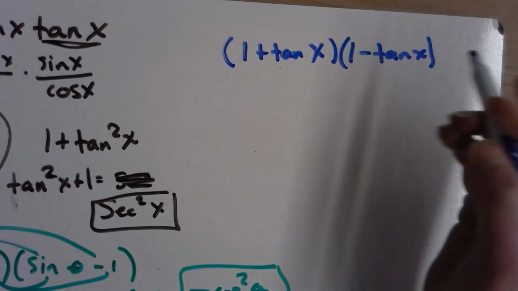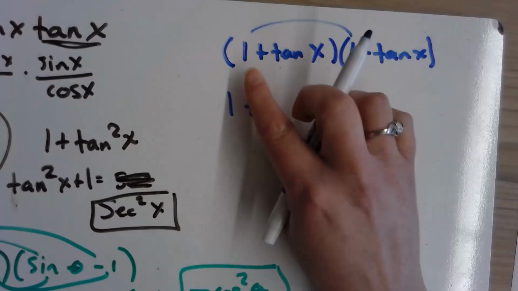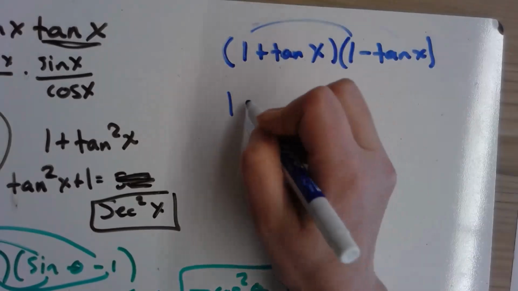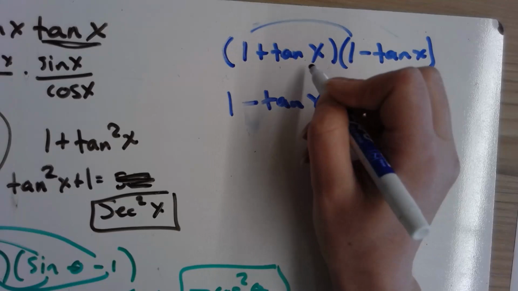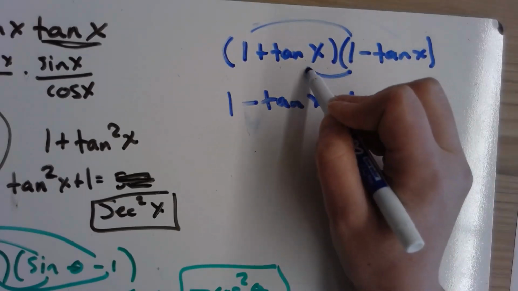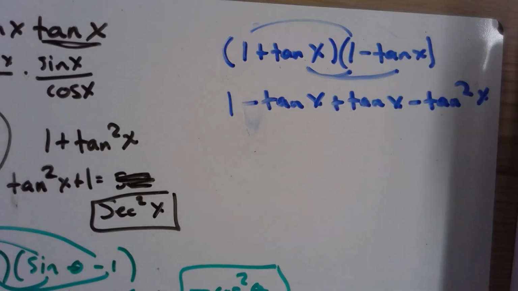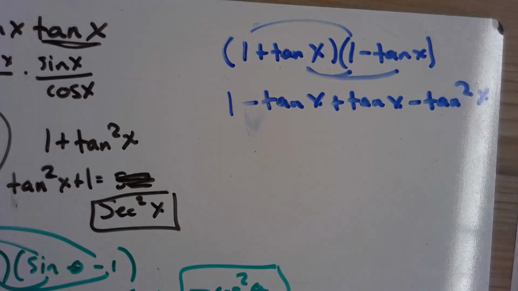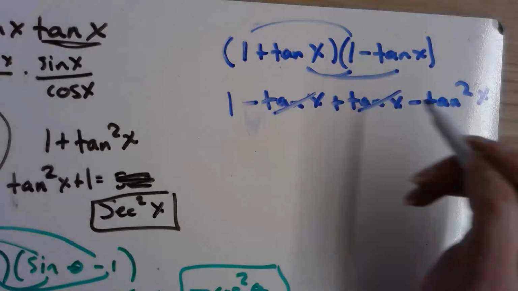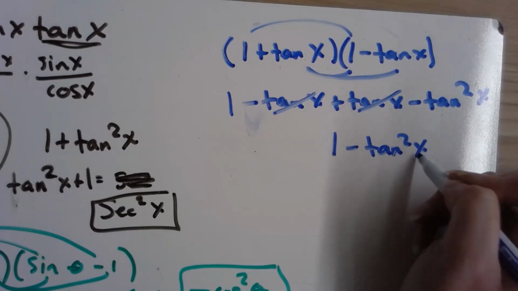We're going to FOIL this, so we'd have 1, that's a 1, minus tangent x plus tangent x minus tangent squared x. So, looking at this, these are going to simplify out and I'd get 1 minus tangent squared x.